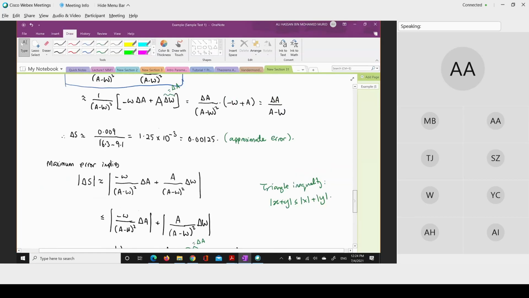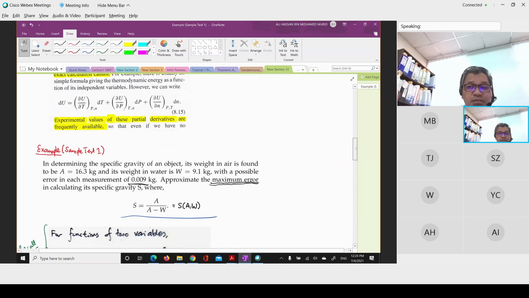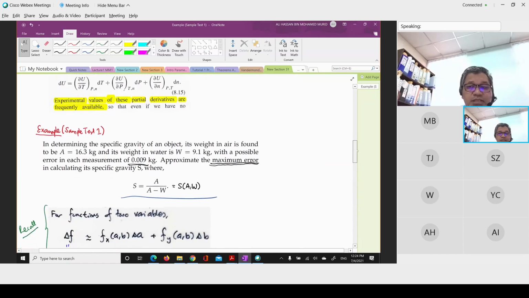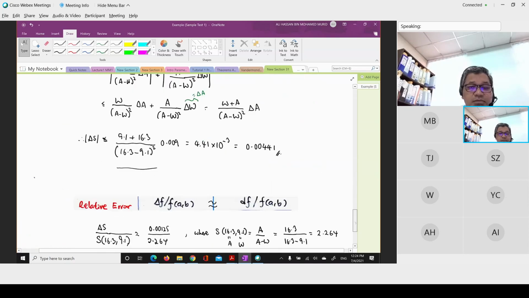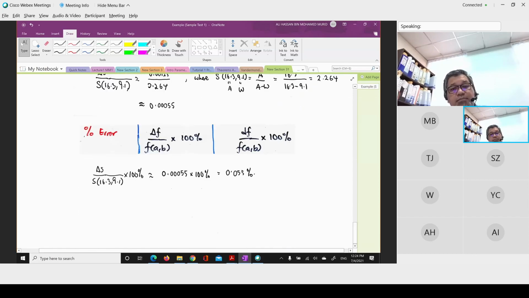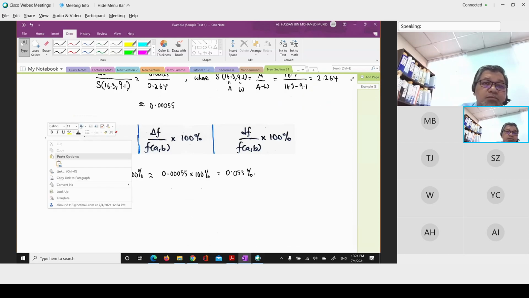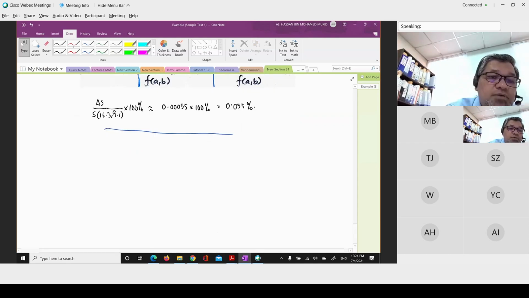Even though the question did not ask for the relative error and the percentage error, I just show you how the calculation looks in case it is required. Okay, let's do one more example before we stop.